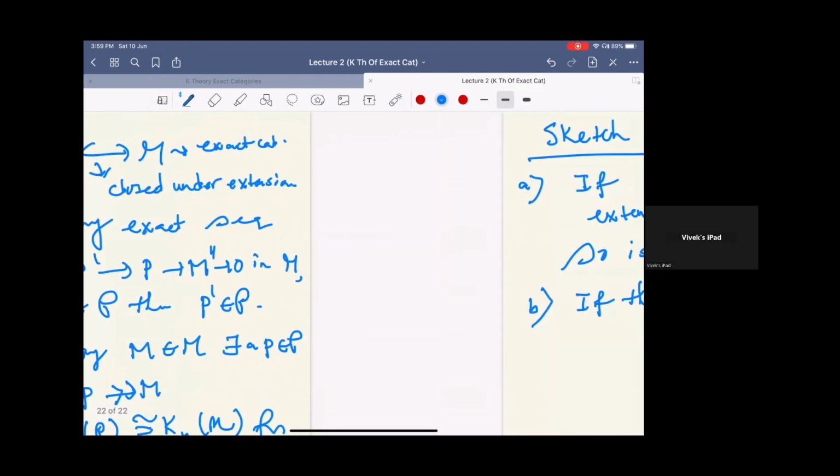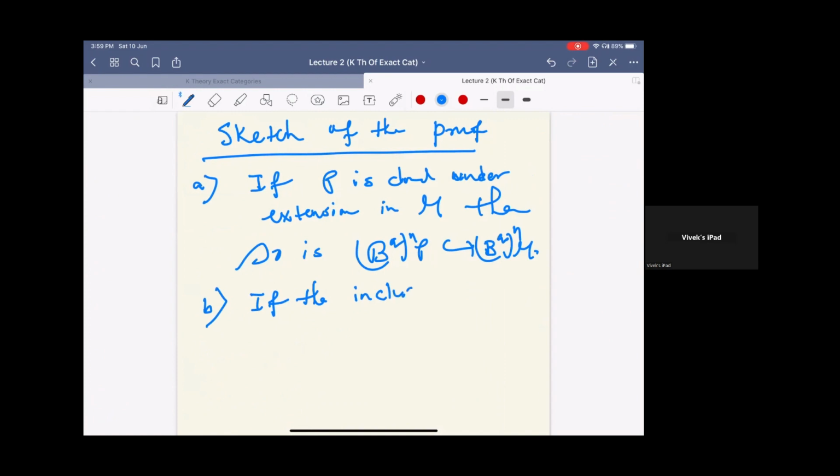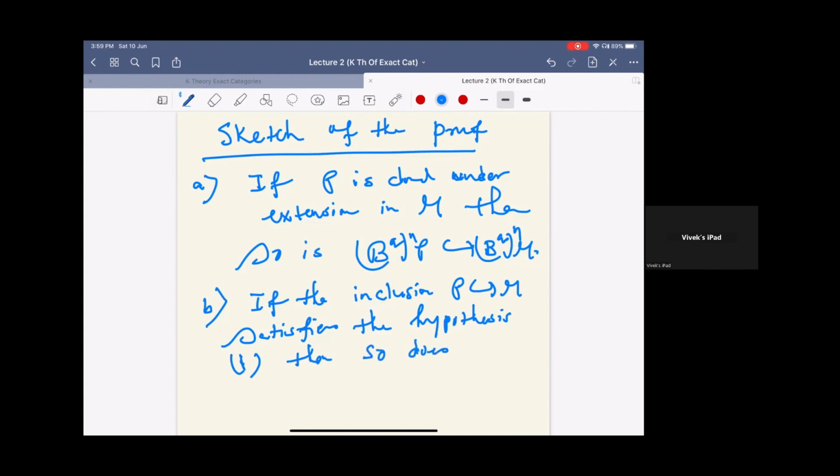The second thing, if the inclusion of rho sitting inside M satisfies hypothesis one, then so does the inclusion of the binary complexes.